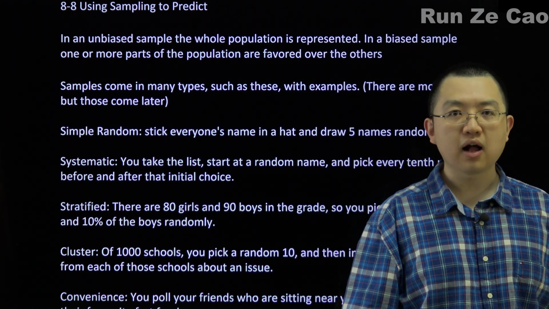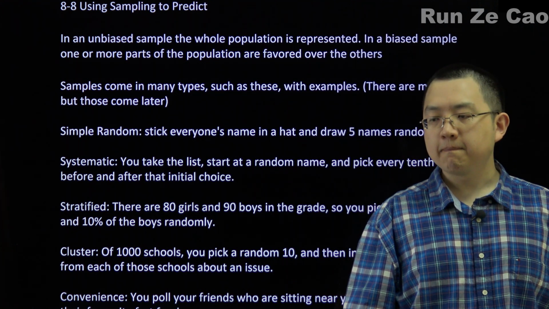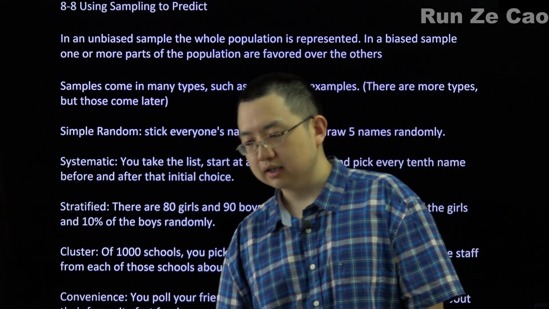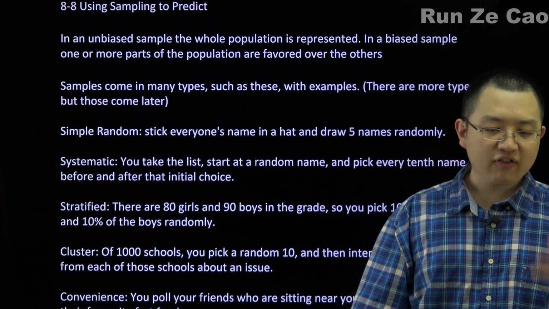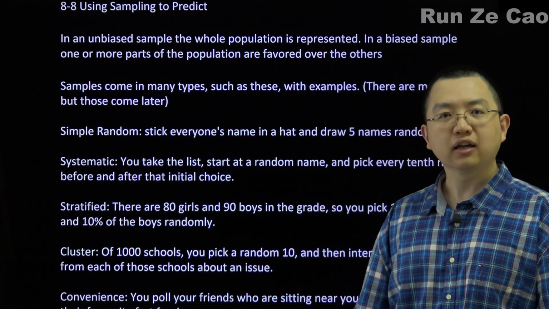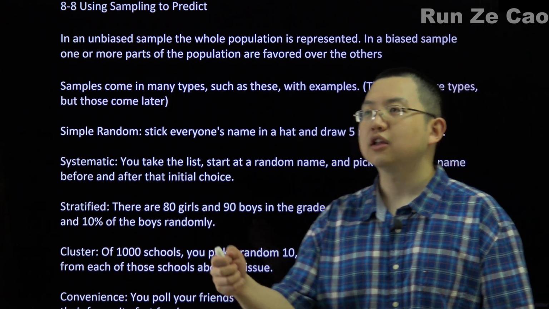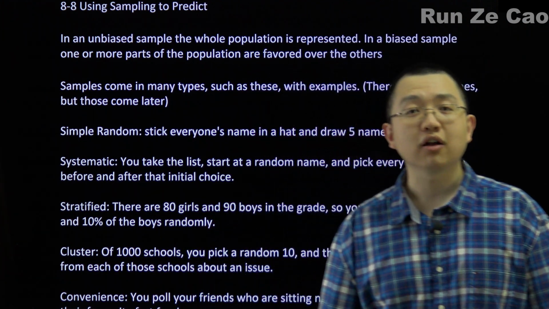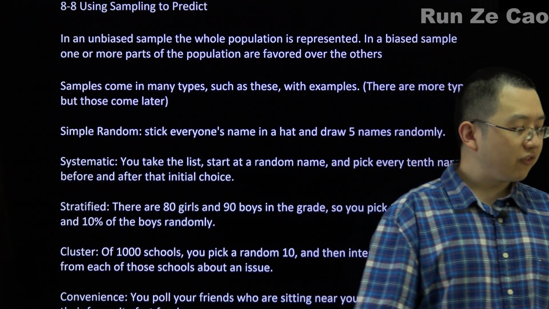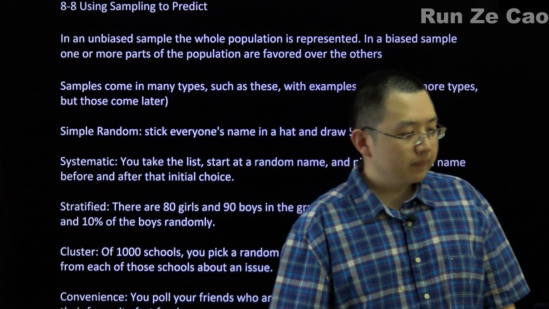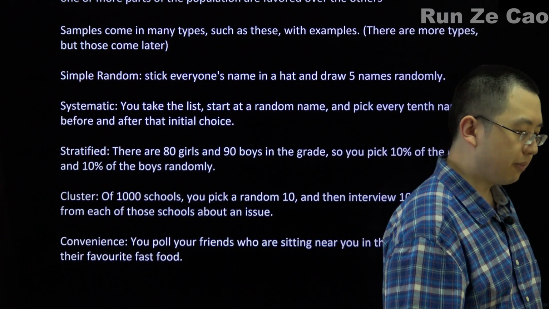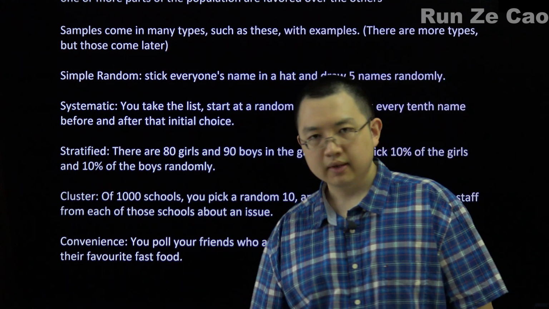In other words, it's not like, oh, I know that there are people who like eating at fast food restaurants A, B, and C, and then I go to fast food restaurant C to survey people there about which restaurant they prefer. No, that's obviously biased. In a biased sample, the population is not accurately represented by the sample.